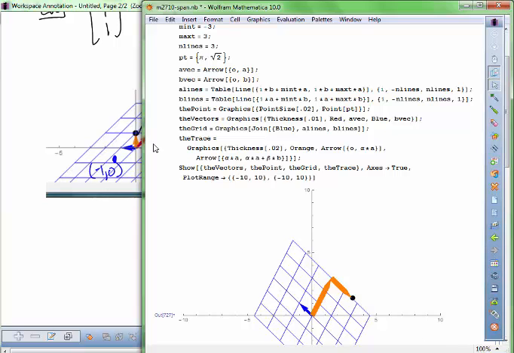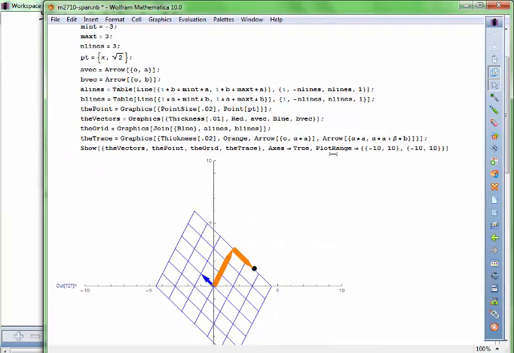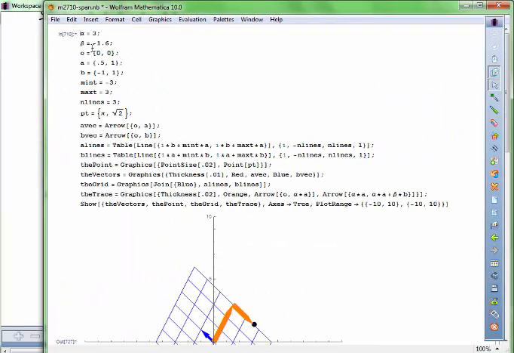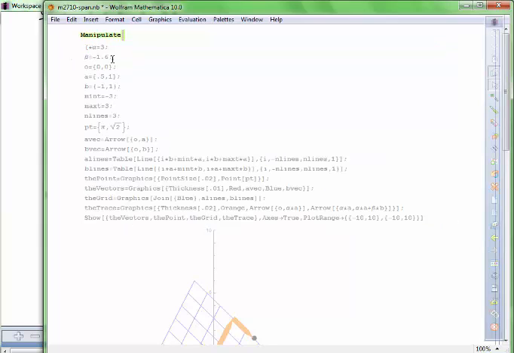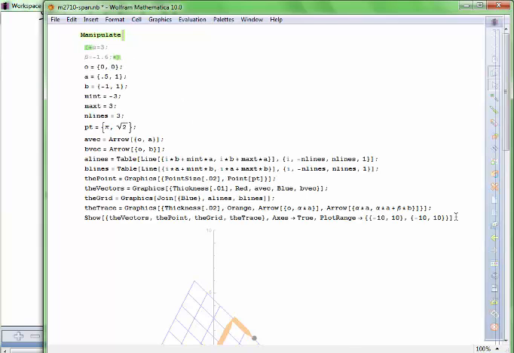So I thought about making this kind of interesting and kind of like a game. Negative 5 to 5.